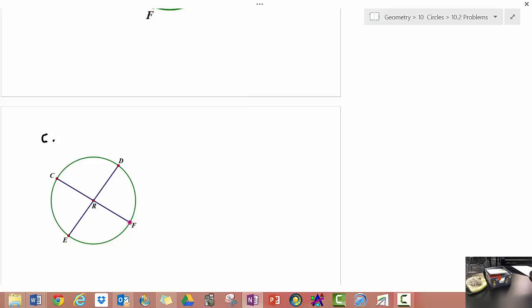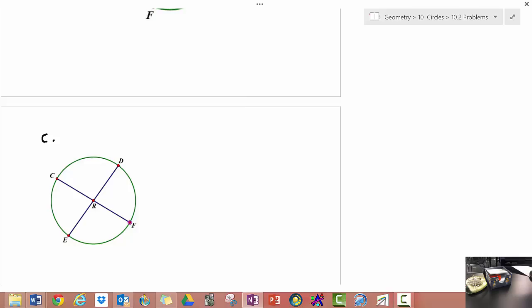So not to worry. The measure of arc CD is equal to the measure of angle CRD. The measure of arc EF is the measure of angle ERF.